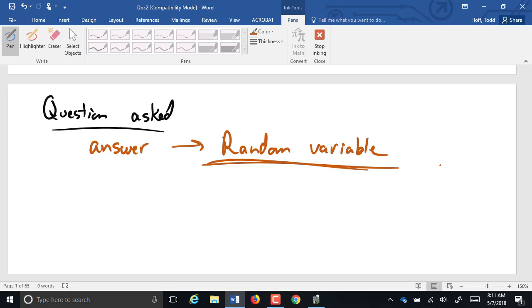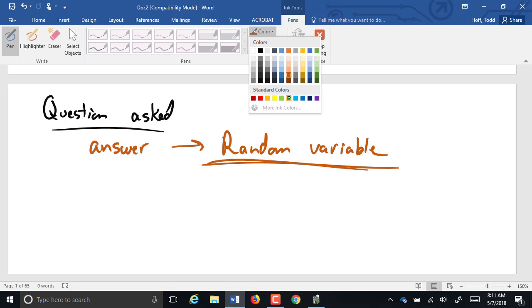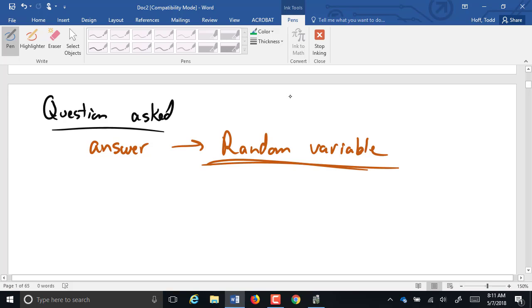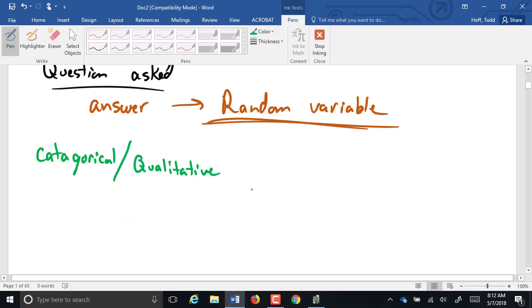That's a random variable. Random variables can take on one of two main forms: categorical, often called qualitative. Qualitative means we're measuring a quality of the part.